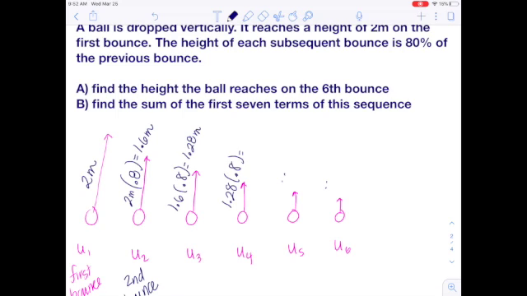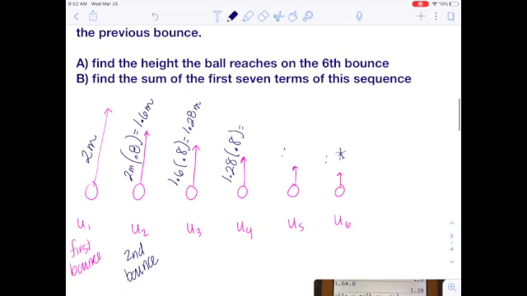So keep going. Now, no one wants to just keep multiplying like that. So let's write the rule and then we can plug in to find our sixth bounce. In part A, we want to find the height the ball reaches on the sixth bounce. So we want the height right at U sub 6. Let's write the rule.